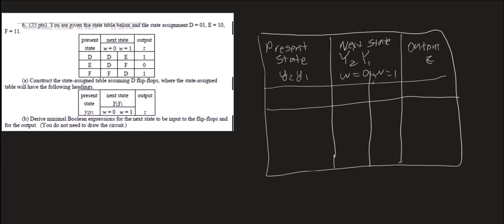And we're going to have 4 rows. Why 4? Because we have to account for every possible combination of our two flip-flops. So we said D equaled 0, 1, E equals 1, 0.